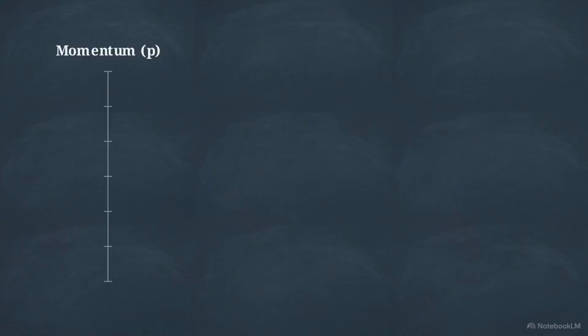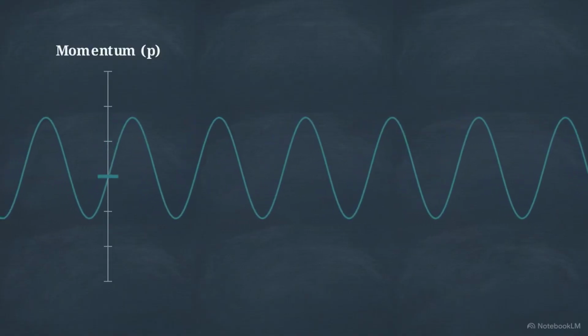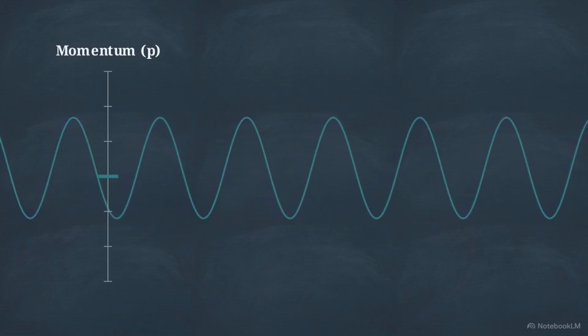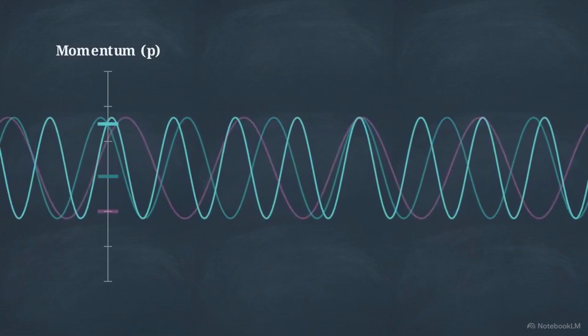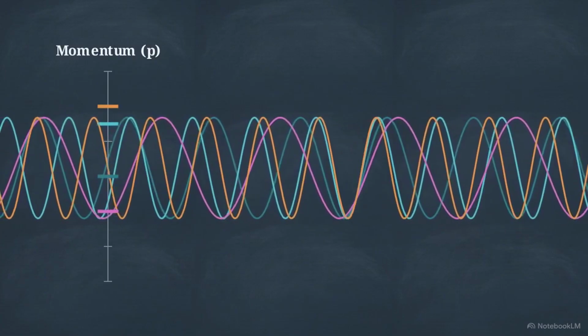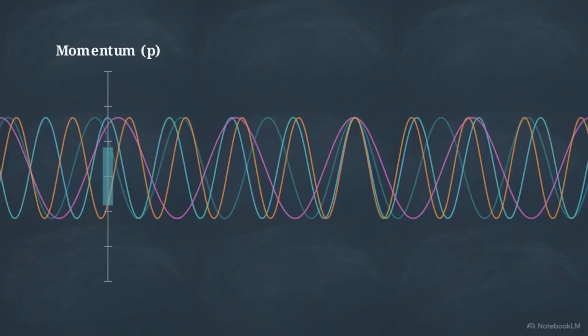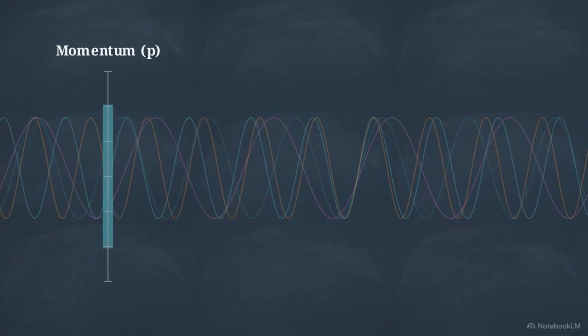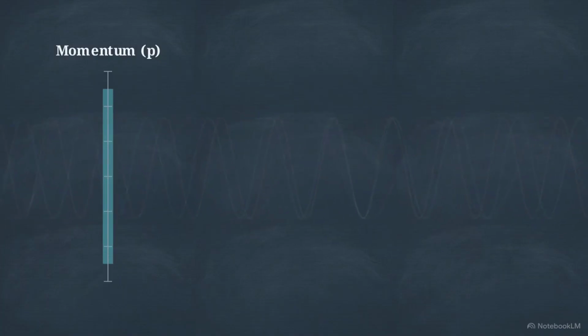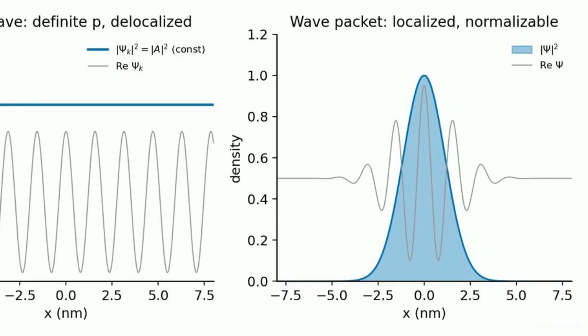The formal solution to this normalizability crisis relies on a mathematical tool called Fourier superposition. We have to build a new state out of multiple waves. Instead of using a single plane wave with one exact momentum, we integrate over a continuous range of slightly varying momenta. Mixing these different frequencies aligns the waves to constructively interfere, creating a localized bell-shaped peak.